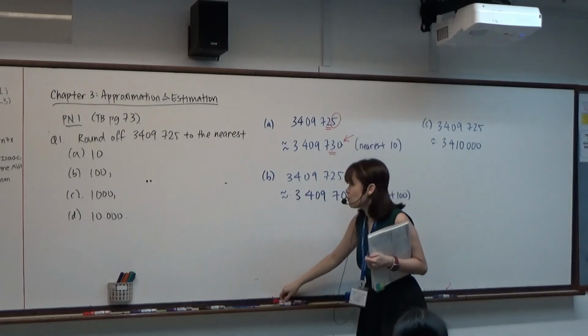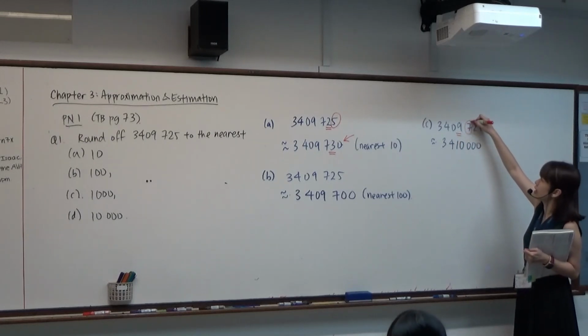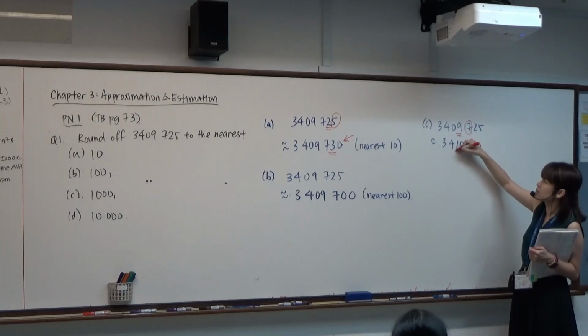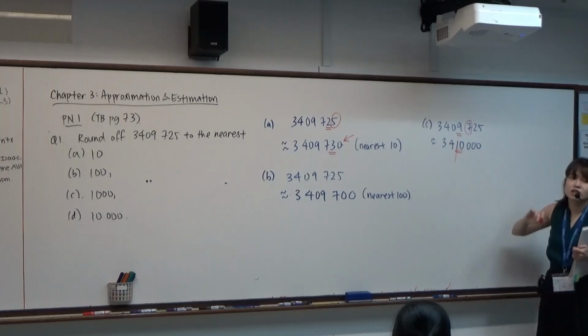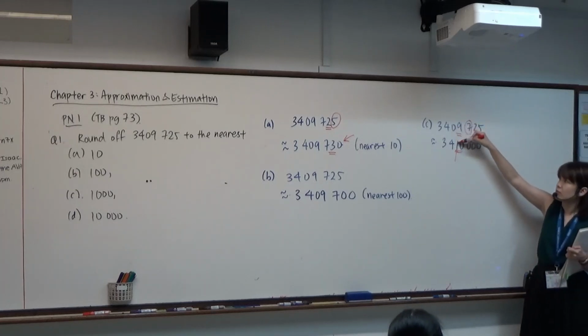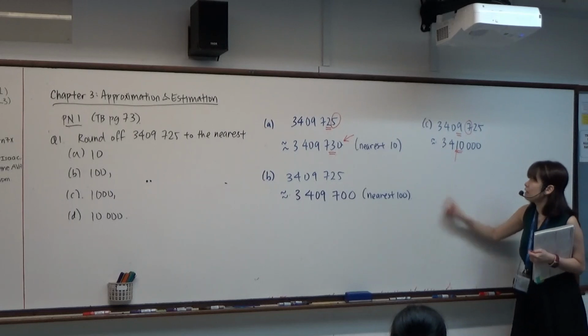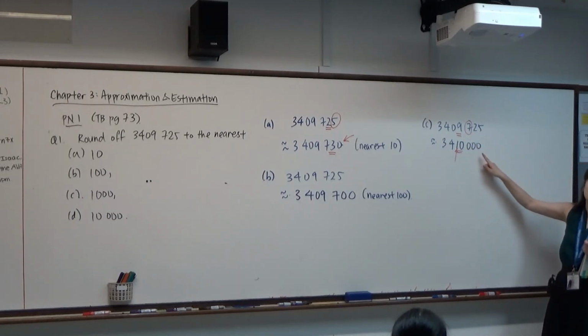Because the 1,000 place is actually this number over here. Looking at the number on the right, we have to round up. So 9 rounded up becomes a 10. So therefore there is an addition of 1 over here because 0 plus 1 becomes 1. Then the remaining places, we replace with 0.